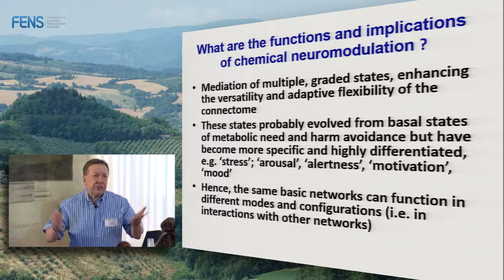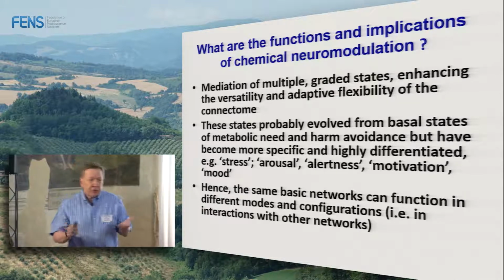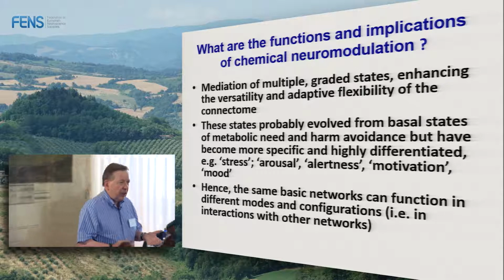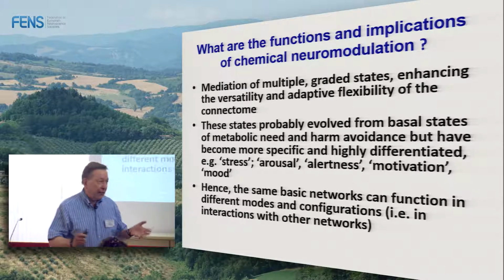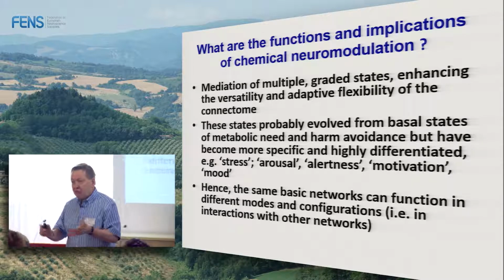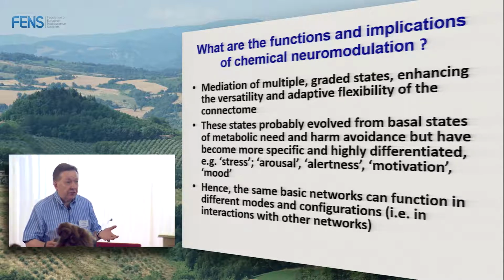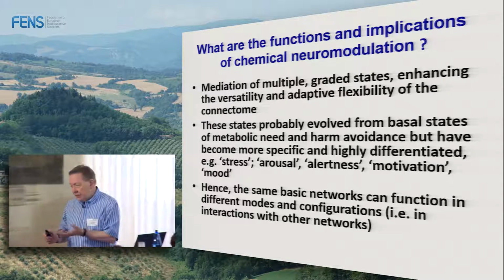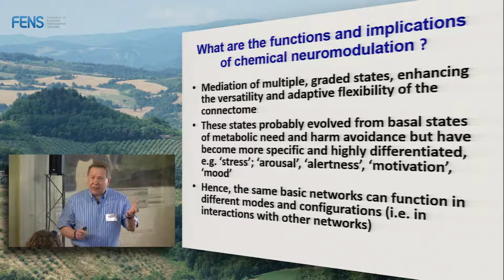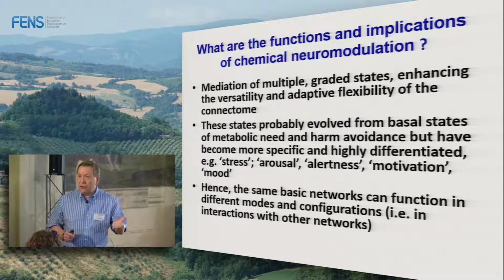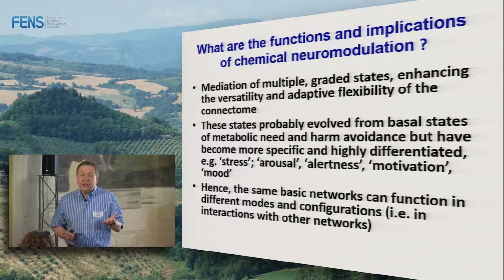And these states include states of arousal, wakefulness, alertness, states of motivation, if you like, mood, reward, to use a much maligned term. Stress. Is stress one thing? Are there different types of stress? And all of these systems, therefore, are modulating the connectome to work at different levels, at different states, at different degrees of optimality. That's the argument.